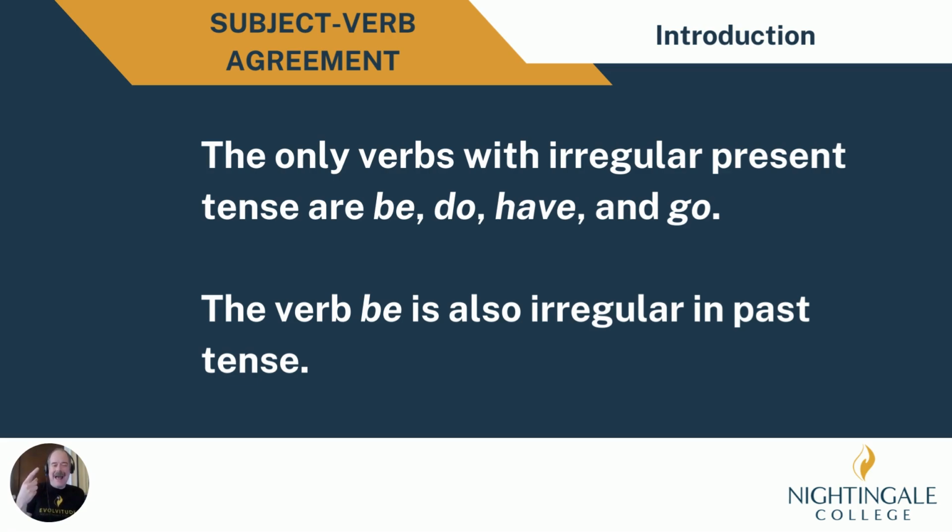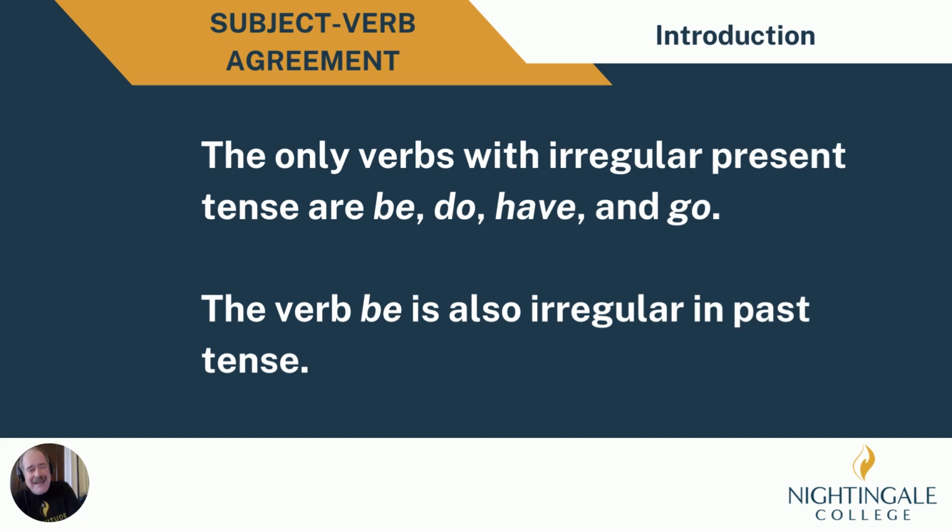Have: I have, you have, she, he, it has, we have, they have. Go: I go, you go, he, she, it goes, we go, they go. There, I covered all of our irregular present tense verbs.